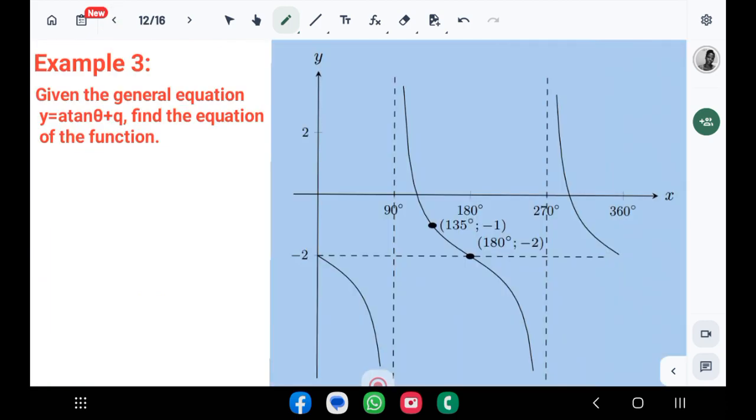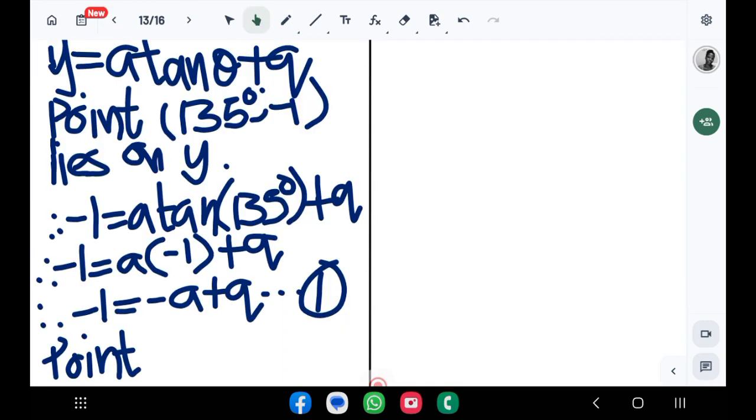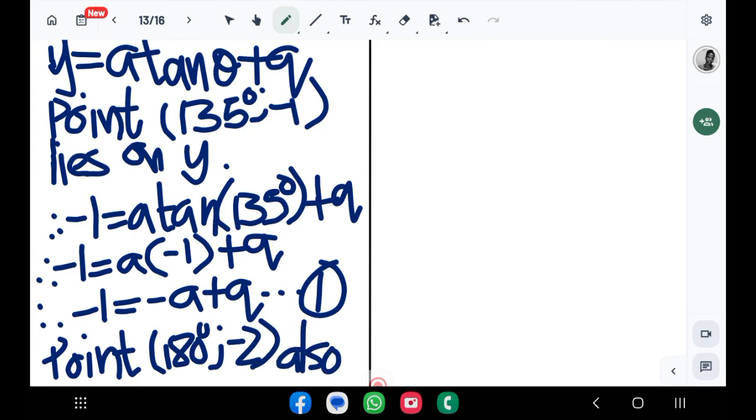Okay, another point. Here's the second point, (180, -2). Point (180, -2) also lies on the graph.